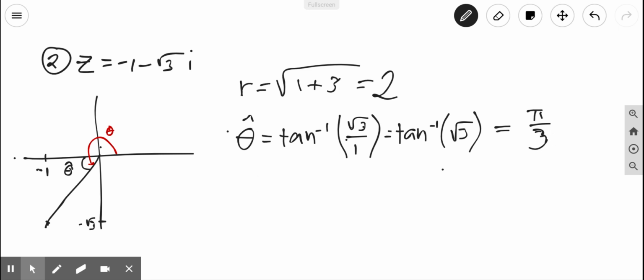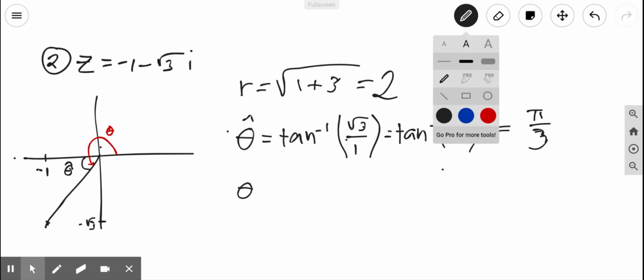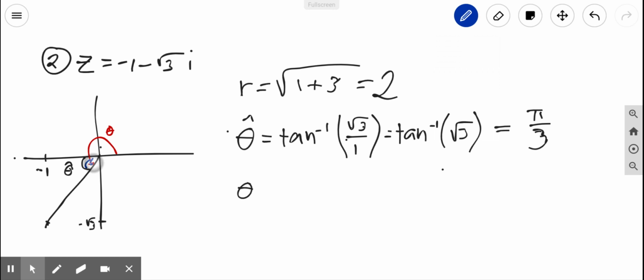It's not theta. Now we got to find theta. So just looking at our beautiful little picture here, if the value of this zone is pi over 3, then the value of the entire thing, so the theta in red, is, so this first half of the plane is pi. So we should have pi plus pi over 3.